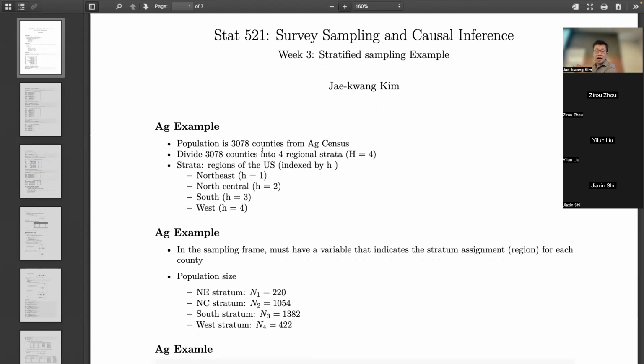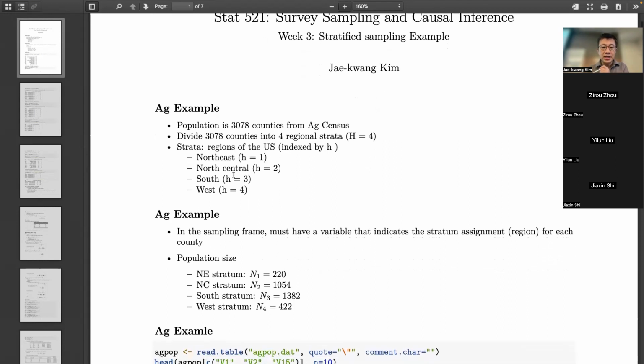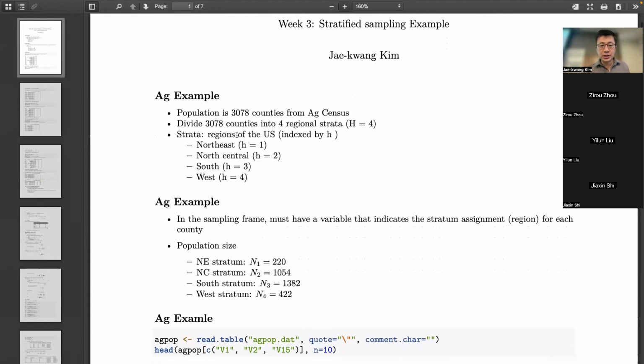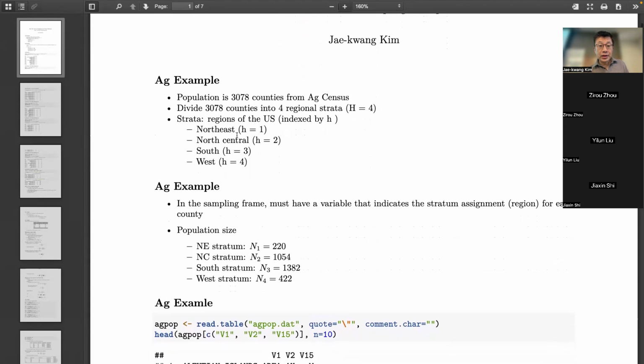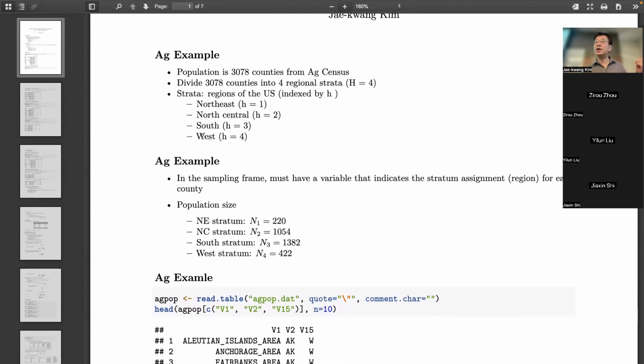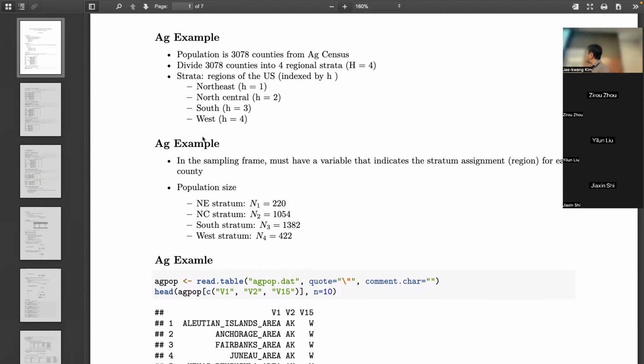So this is the data set, where each unit is a county. And the counties can be classified into four regions: northeast, north central, south, and west. So we can treat each as a stratum.